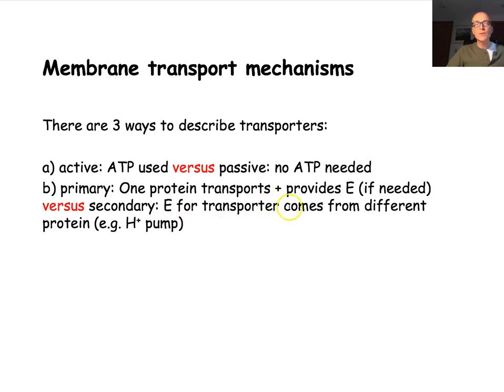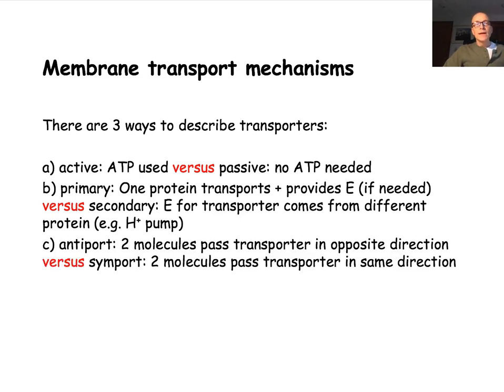So the energy for the transporter comes from a different protein, for example a hydrogen ion pump that sets up a gradient that is required later for that other molecule to be transported in the secondary transporter. So the primary transporter sets up the gradient that the secondary transporter uses in order to move a molecule through the membrane.